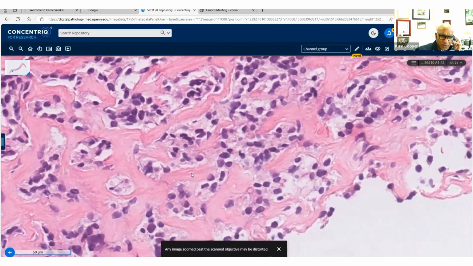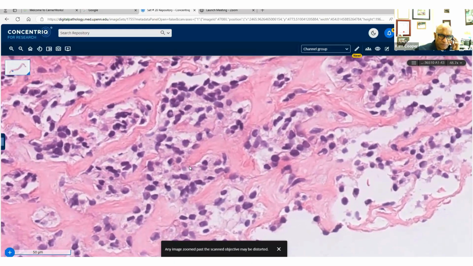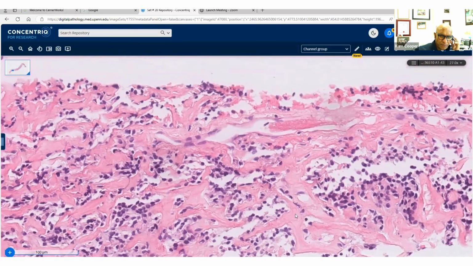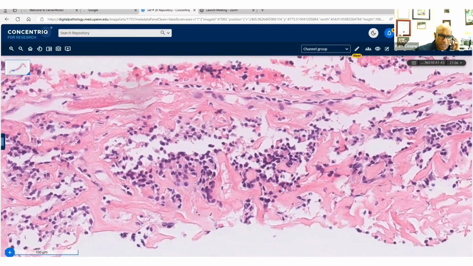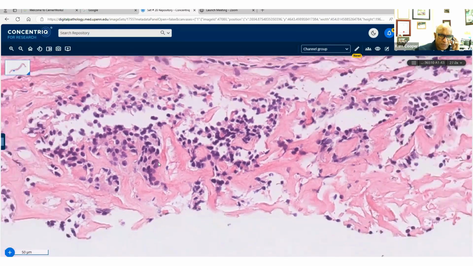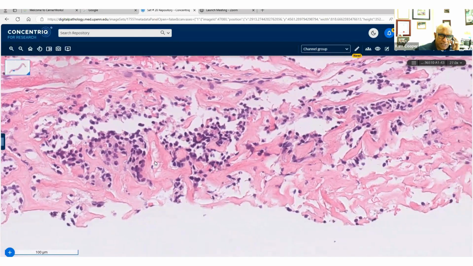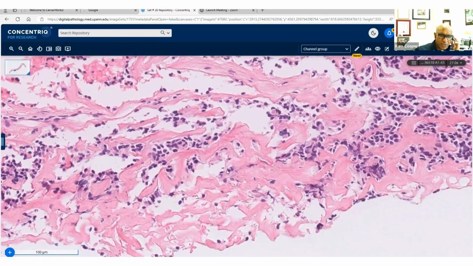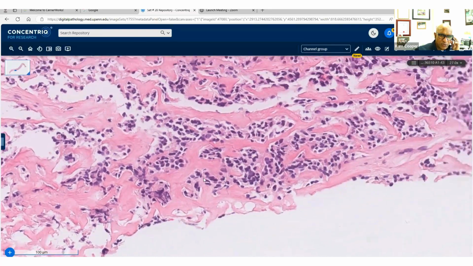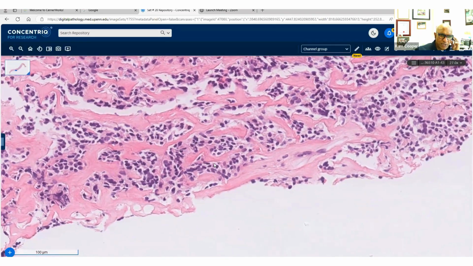But let's go to one of these areas where you can see better morphology, fairly uniform looking nuclei. And here again, the cords and nests. I think the loosely cohesive cells here are just artifactual. I think the key feature would be, again, cords and nests with the hyalinized stroma.